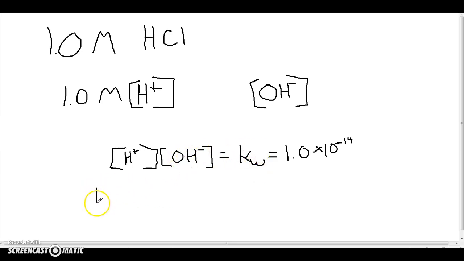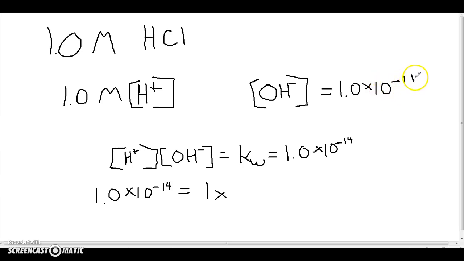So let's set that up that way. 1.0 times 10 to the negative 14th, that's our value for Kw, is going to equal the hydrogen ion concentration, which is 1, times the hydroxide ion concentration, which we don't know, which is X. Hey, this works out very nicely, because anything divided by 1 is itself, which means our hydroxide ion concentration is 1.0 times 10 to the negative 14th.